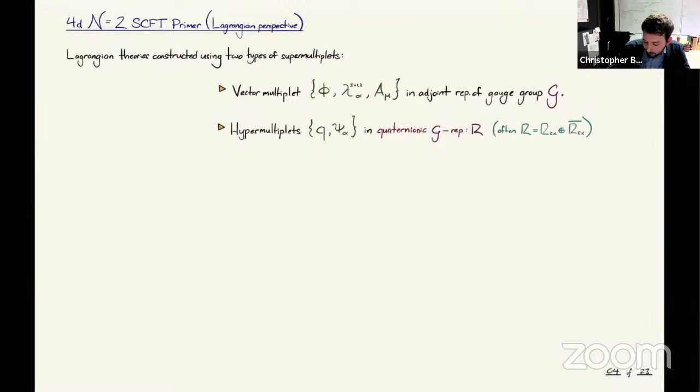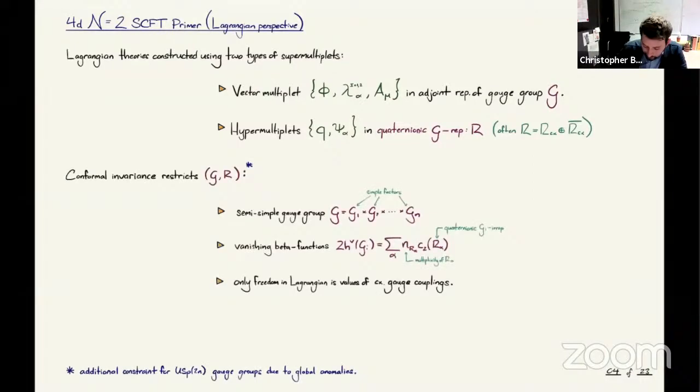And then I introduce matter, which comes in the form of hypermultiplets, which are labeled by a quaternionic representation of G. Often that quaternionic representation is a complex representation direct sum its complex conjugate, but it could be some intrinsically quaternionic representation.